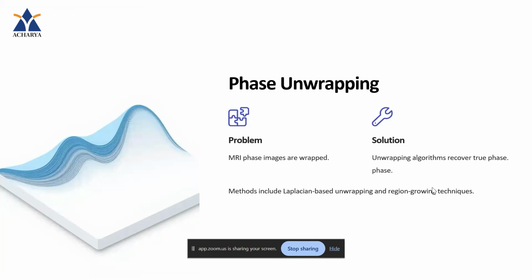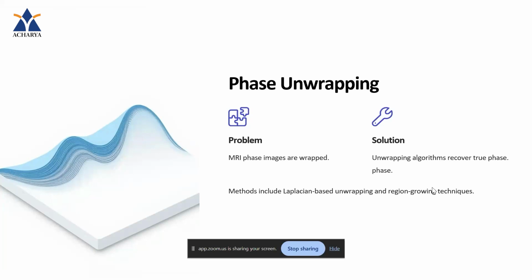The phase values are limited or constrained, which can cause artificial discontinuities in the images. Because of this wrapping issue, it may be difficult to interpret the susceptibility variation in tissues properly or accurately.